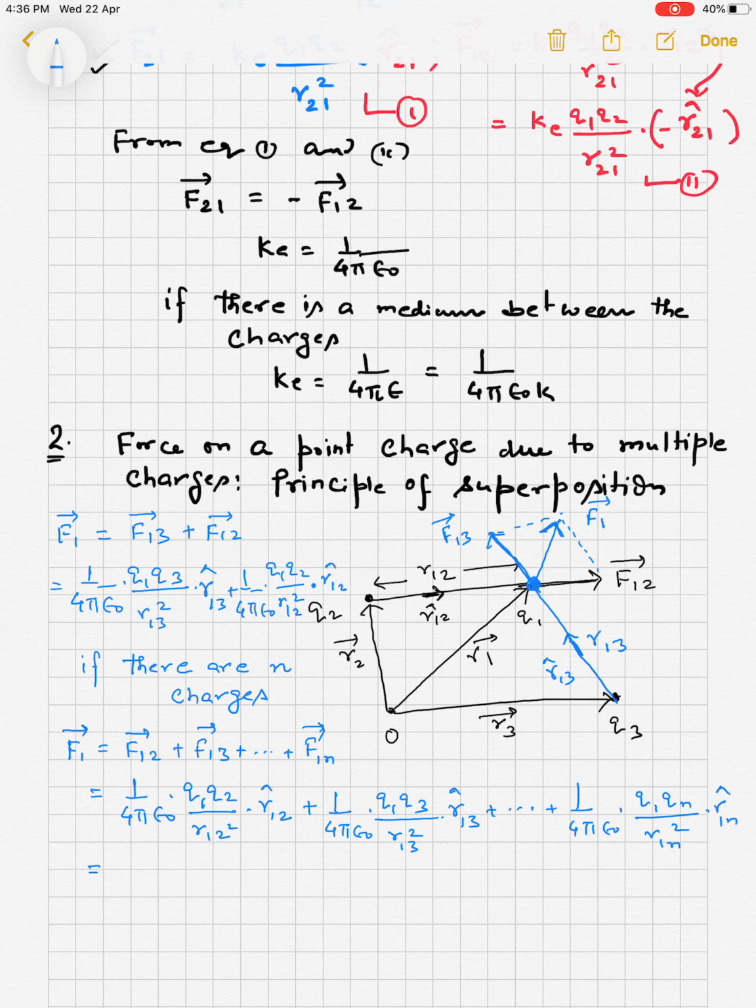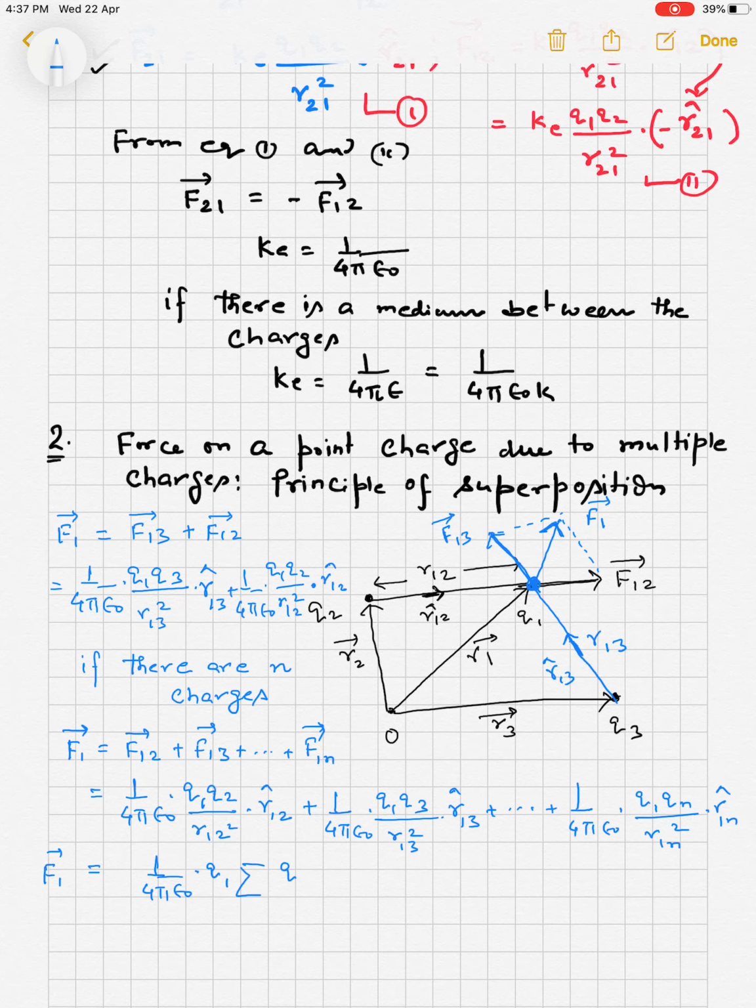So in summation form we can write this: 1 upon 4 pi epsilon naught, that is the electrostatic constant. q1 is common in all terms, so q1 is taken out. Now sigma, another charge is q2, q3 and so on.